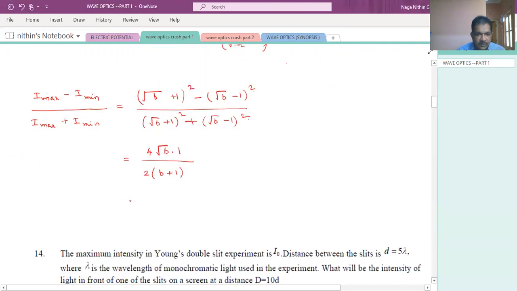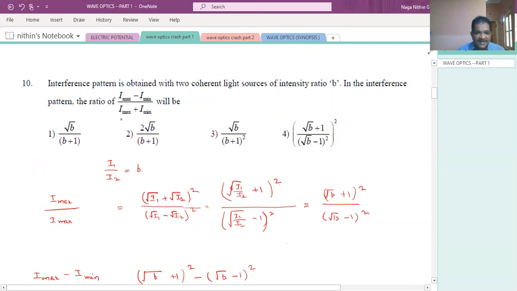So this value will be 2 root b by b plus 1. This is the answer for it.